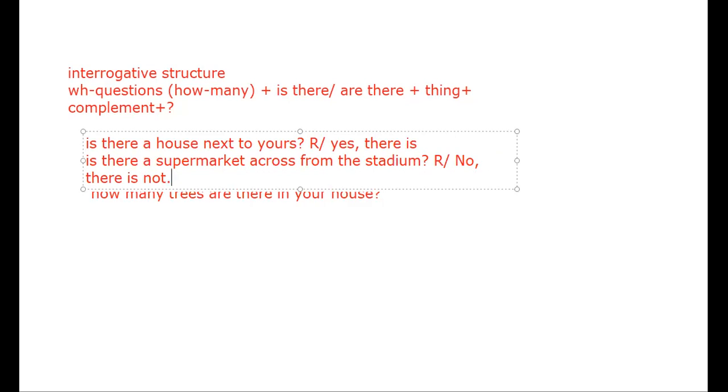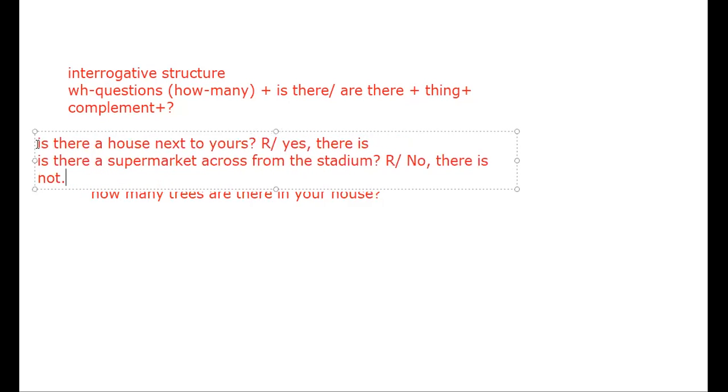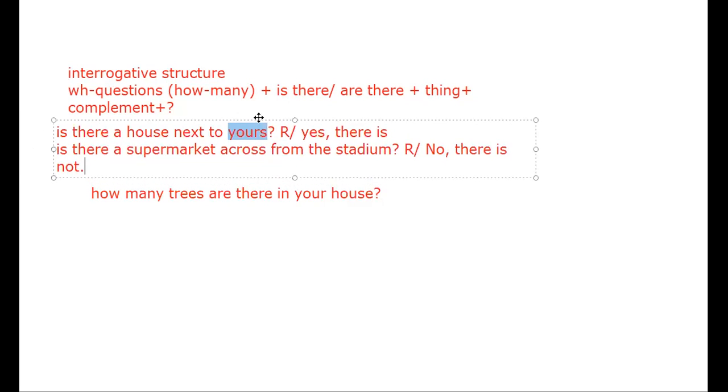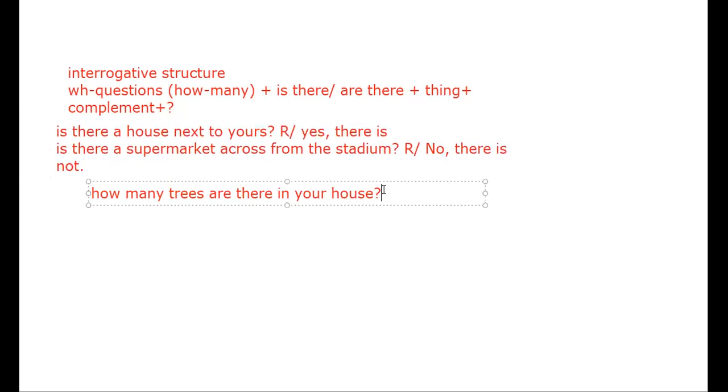La diferencia de utilizar un WH questions with the simple there is and there are is the answer, because here we use just yes or not. And in this case, here we use a long answer.